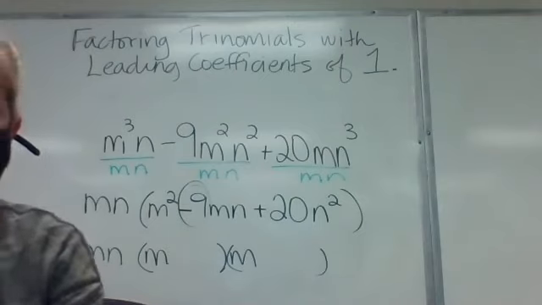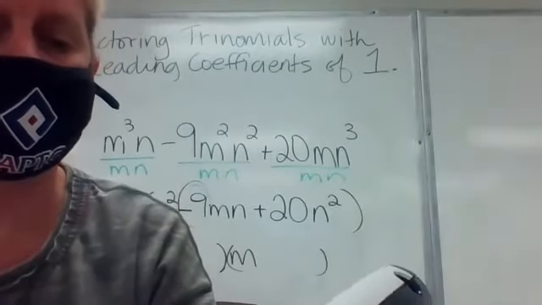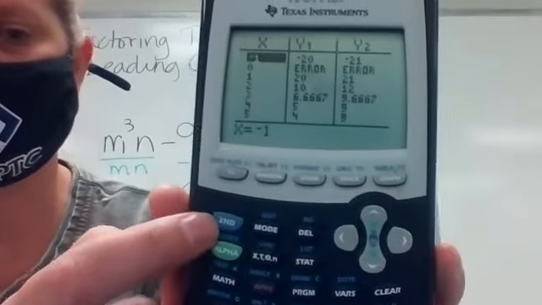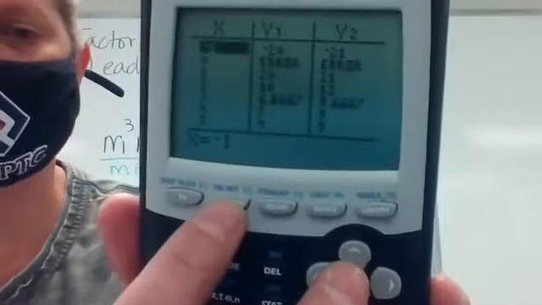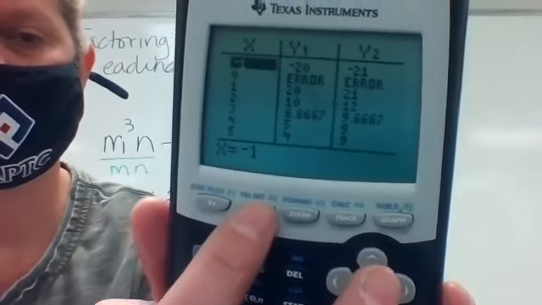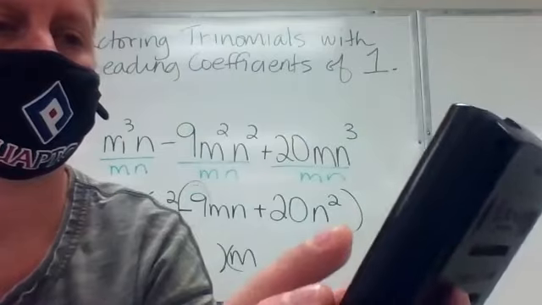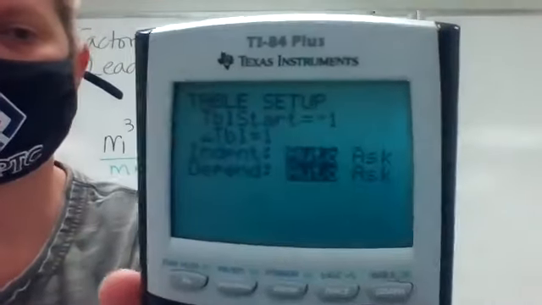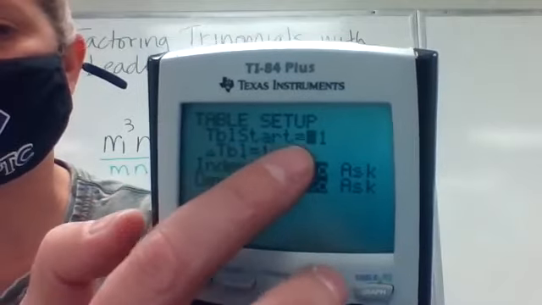Okay, let me tell you another thing. If you're not getting the negatives like you want, hit this button, second, and then hit the window button, and it's got table set on it. Yeah, second table. Then this says, where do you want your table to start?